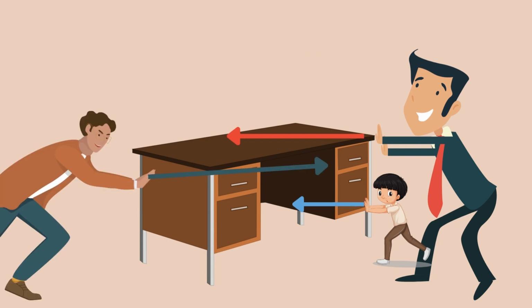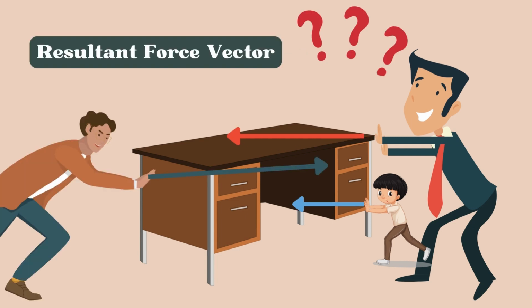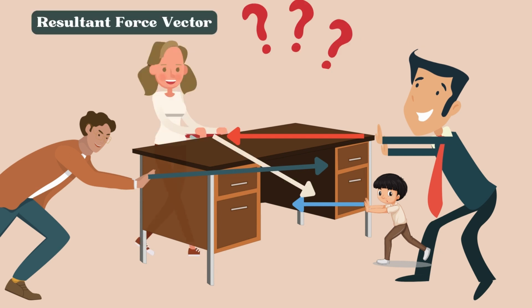If you had a third person pushing against, now you need vector subtraction. It's still in one dimension. Two people are pushing it left, westward, and one person is pushing it right, eastward. Now, if you had a fourth person pushing it out, now you have a two-dimensional problem.